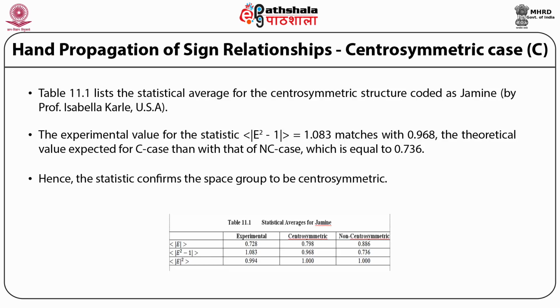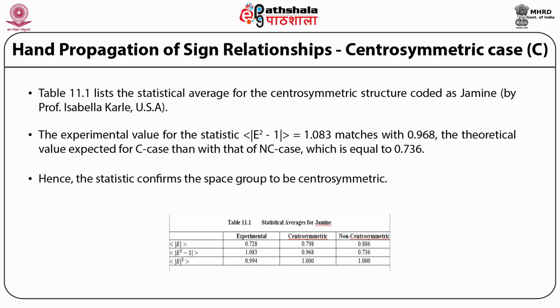So every reflection has an E value, the nominal structure factor amplitude. You take the average over all reflections of the absolute value of E squared minus 1. Then you take the average of E squared over all reflections.